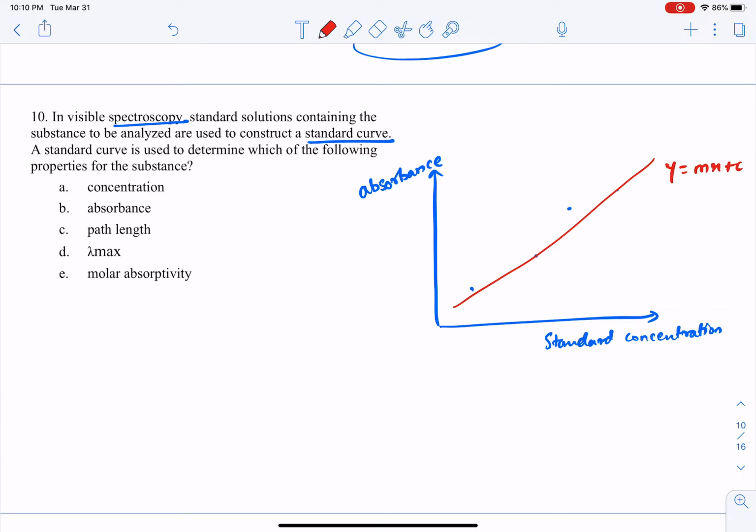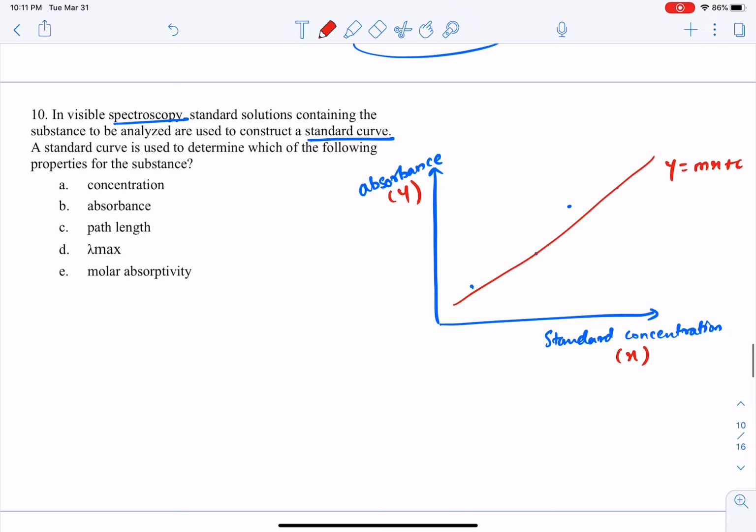So y is the absorbance, x is the concentration, and I'm calling this c as d so you don't get confused; it's just this part. The m stands for molar absorptivity.